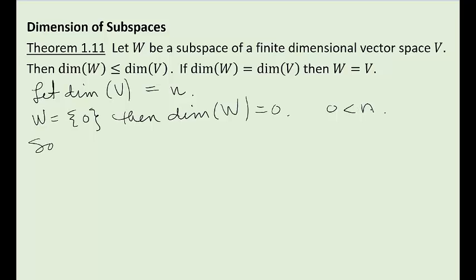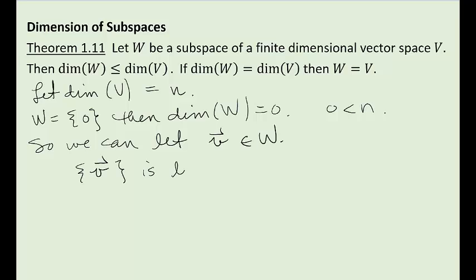So let's say we can let v1 be in W. So we have a set {v1}, and that set is linearly independent.